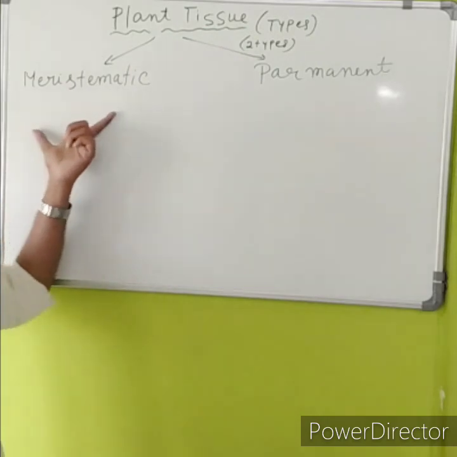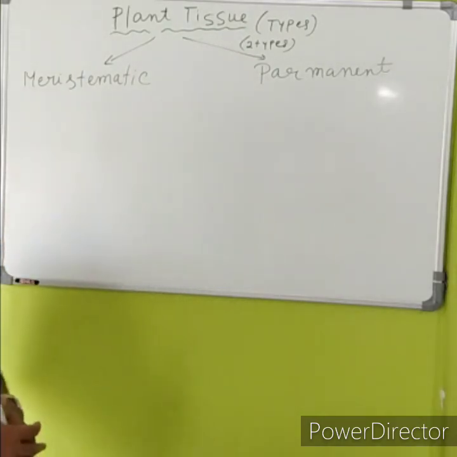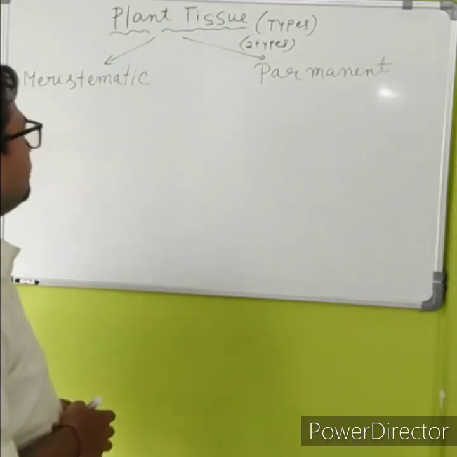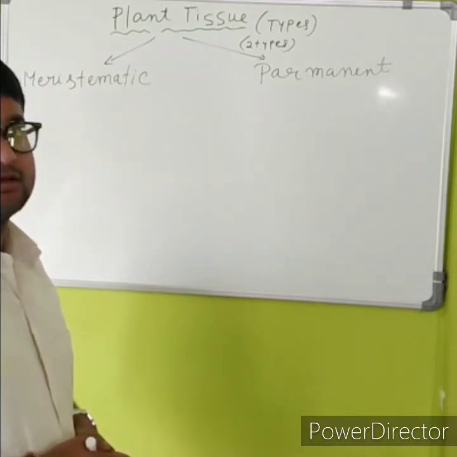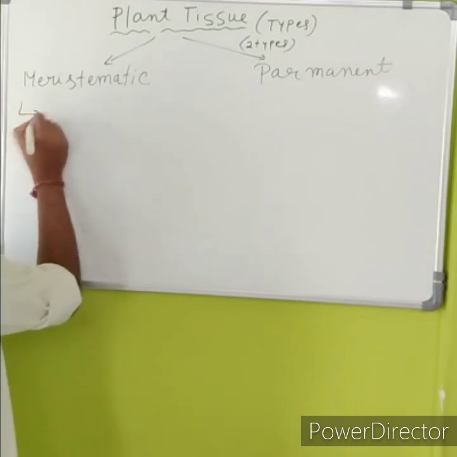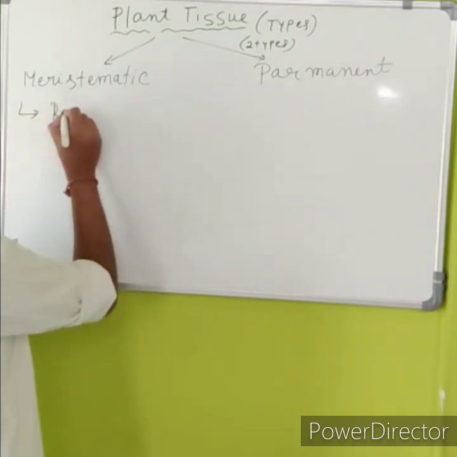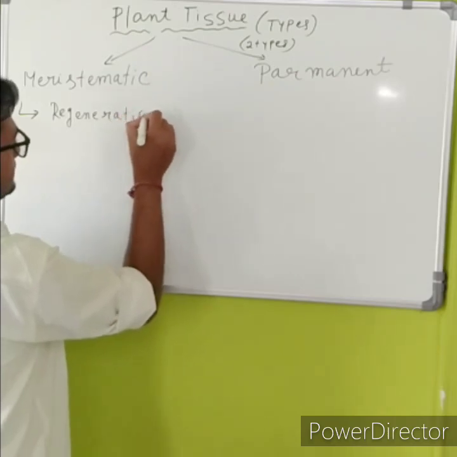So, what is meristematic plant tissue? Meristematic tissues are those whose cells have the power of regeneration or active cell division. So, meristematic tissue has regeneration capacity.